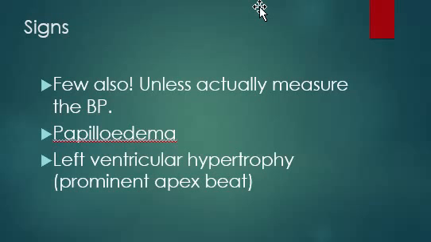There are not many signs either. You might notice papilloedema if there's raised intracranial pressure on fundoscopy, and you might also find left ventricular hypertrophy, but that's not easy to pick up as a sign, because the only way you'd really be able to tell is from a prominent apex beat, unless you actually did an ECG or an echo.